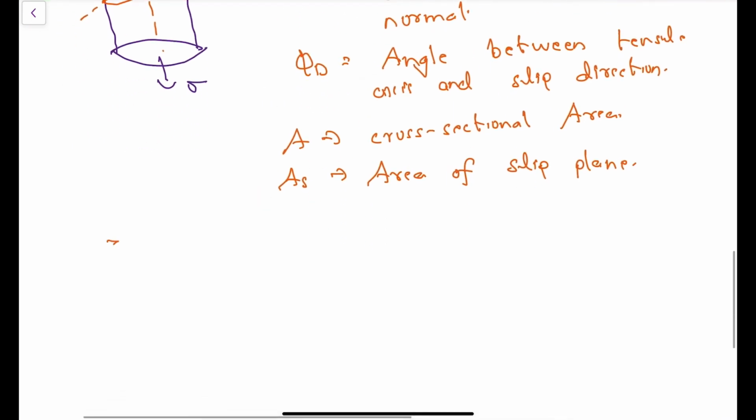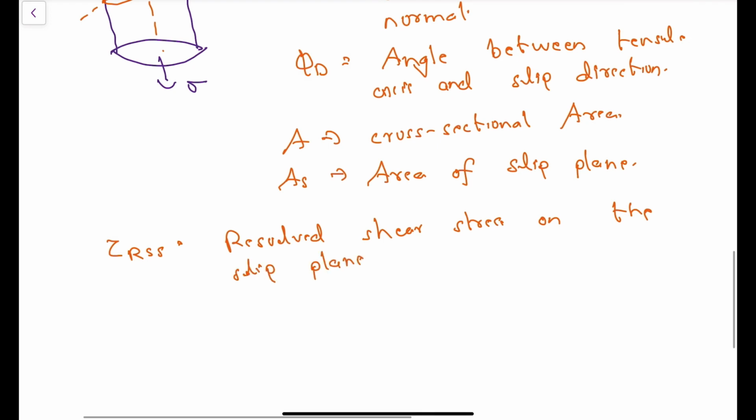So what is tau RSS? It is the resolved shear stress on the slip plane in the slip direction.